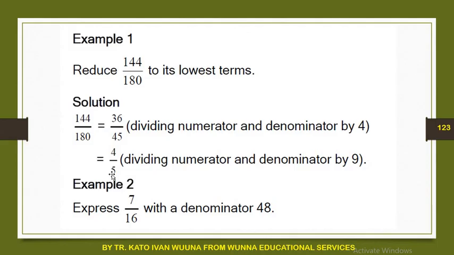Meaning that our final answer, when we reduce 144 out of 180, is 4 over 5. So 4 over 5 is the simplest way we can write 144 over 180. Please, if you have a calculator, try out dividing 144 by 180 and also dividing 4 by 5. You must have the same answer.